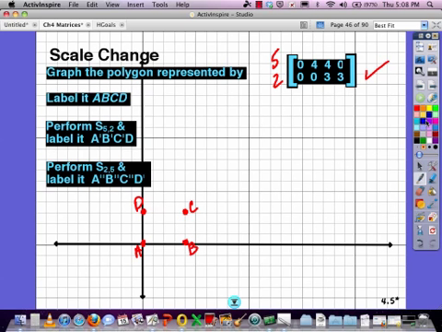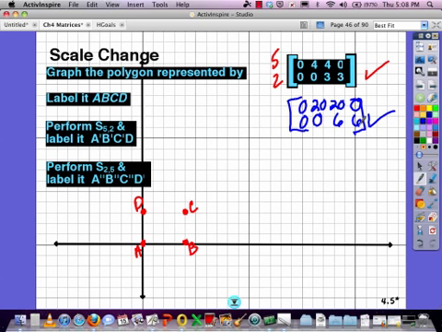So now let's call our new one after we write it out in blue, and we will graph it in blue. So all the x values change by 5. Well, 0 times 5, 4 times 5, 4 times 5 again, and 0 times 5. Then 2 times 0, 2 times 0, 2 times 3, and 2 times 3.